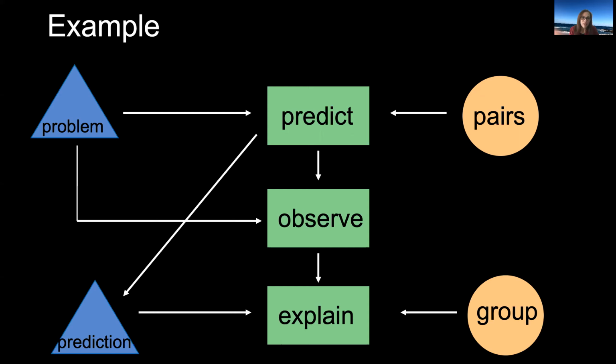And on the right-hand side is the ways that the teacher has supported these students. So in this scenario, the teacher will set up pairs where the pairs talk about their prediction. And then at the end, it can be a whole class activity as a group where they all talk about their explanation.